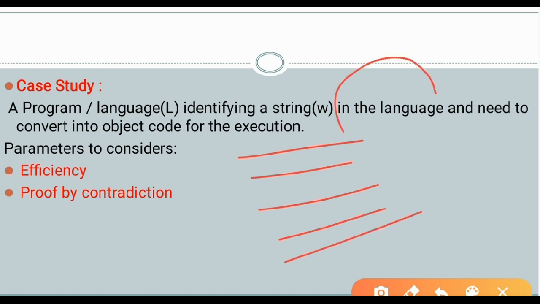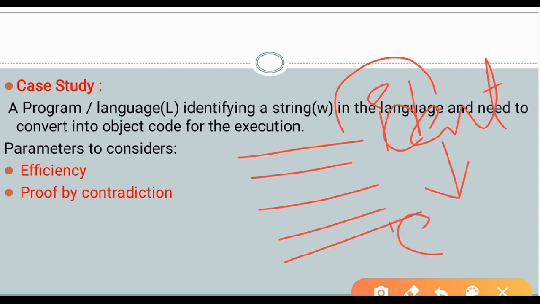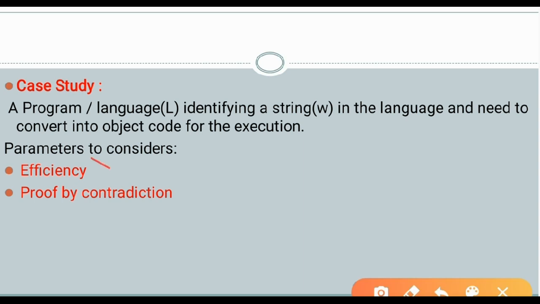Each and every line, the tokens and information, everything has to be identified first, converted into the object code, and then executed to show the output. This makes it a little bit difficult in terms of efficiency.